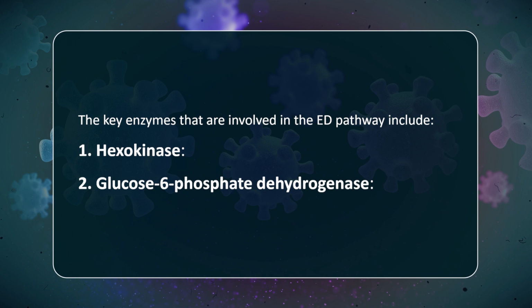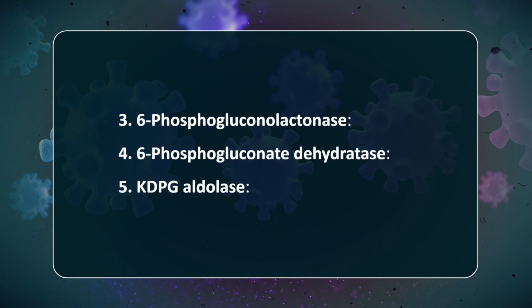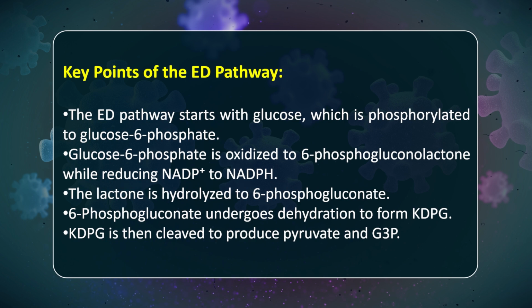The key enzymes that are involved in the ED pathway are hexokinase, glucose 6-phosphate dehydrogenase, 6-phosphogluconolactonase, 6-phosphogluconate dehydratase, KDPG aldolase. So, the key points of the ED pathway are: the ED pathway starts with glucose, which is phosphorylated to glucose 6-phosphate.